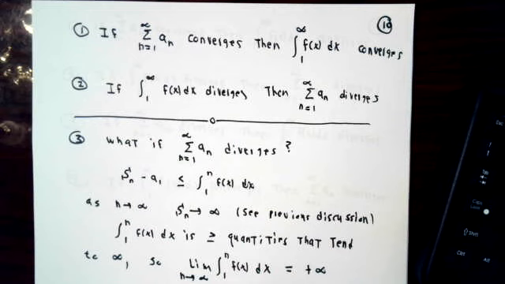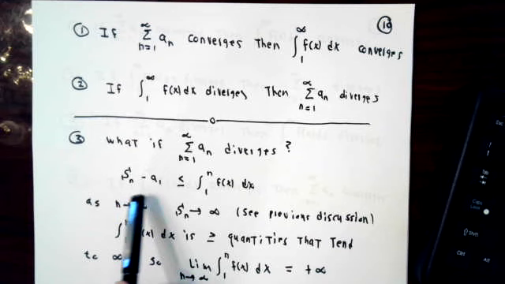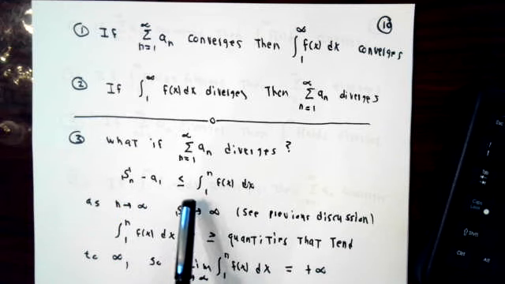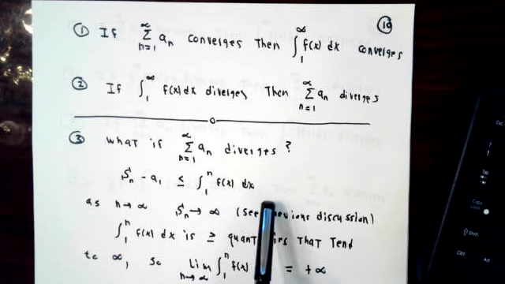But there was another possibility. What does it mean if the infinite series diverges? In that case, I'm going to use the left-hand part of our triple inequality that we had: partial sum number n of the A series minus the constant a1 is less than or equal to the integral from 1 to n of f of x dx.